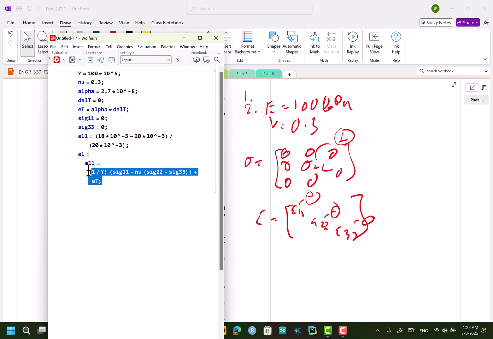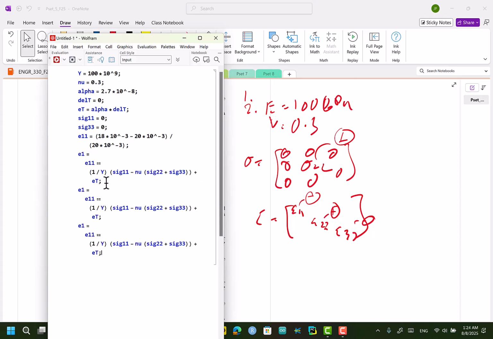We're going to copy and paste this. E2, the second equation, is going to be E22 with sig 22 and sig 1-1. And then finally the E3 equation, where this is sig 1-1 right here. Great.